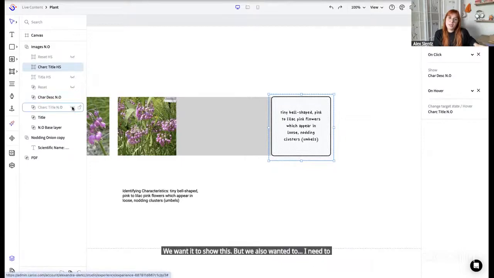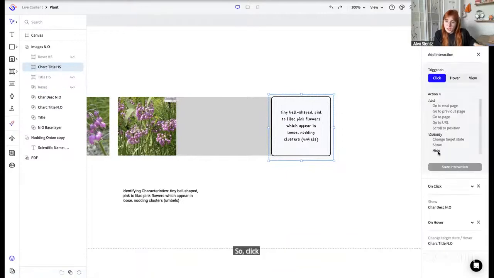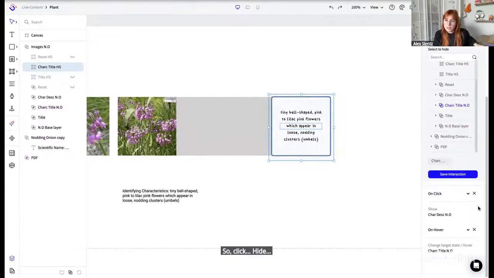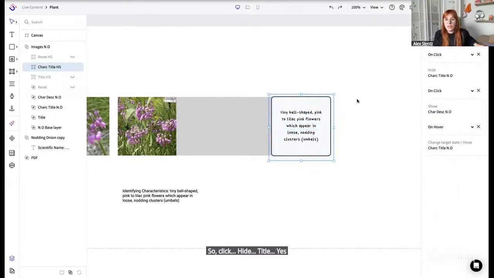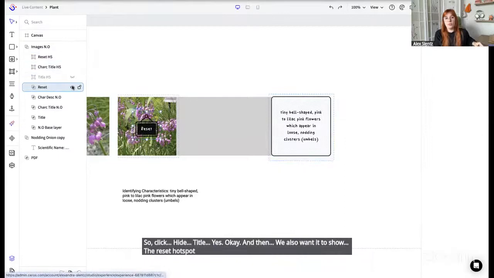We also want it to hide this. Okay. So click, hide, title. Yes. Okay. And then we also want it to show the reset hotspot and the reset group.